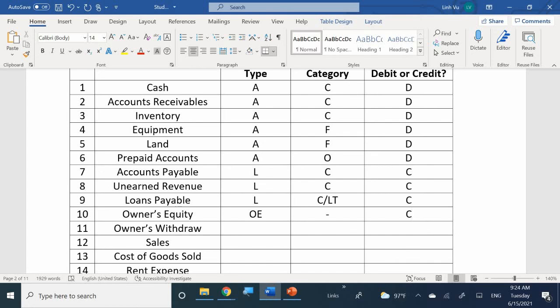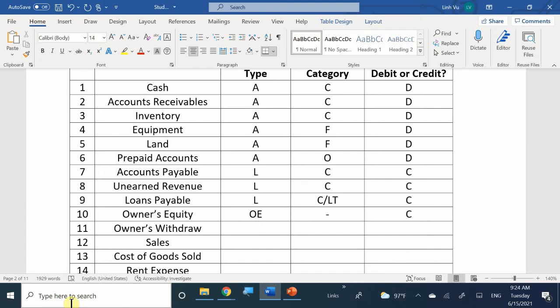Now, what happens if I have an owner's withdrawal? I take money away from the company. Liability? Okay, if I'm taking money away from the company, am I owing anybody? No. An expense? If I'm taking money away from my company, how is that an expense?